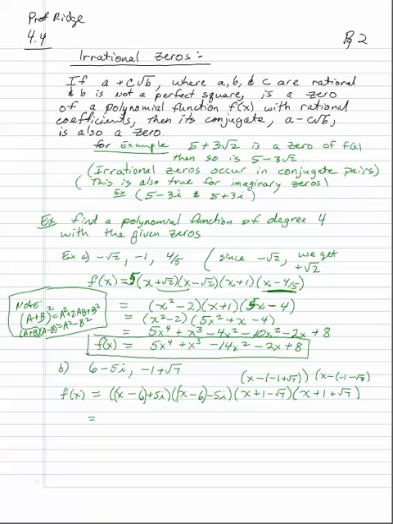So I'm going to use the bottom one, x minus 6, think of that as a. So I'm going to get the a squared minus the b squared, 5i squared. Okay? And I'm going to do the same trick in the last two sets of parentheses. A is going to be the x plus 1, and b is going to be the square root of 7.